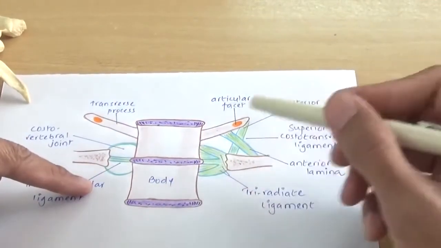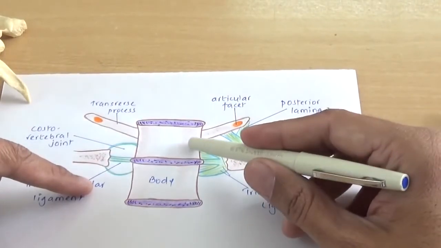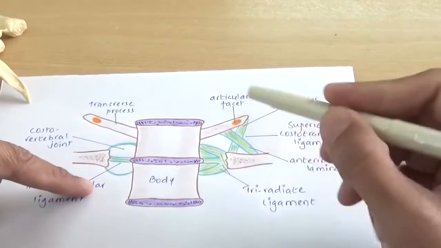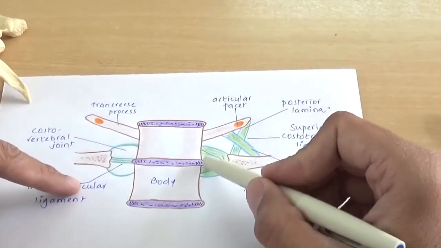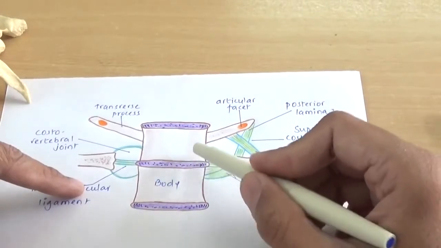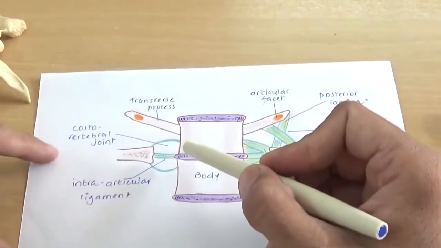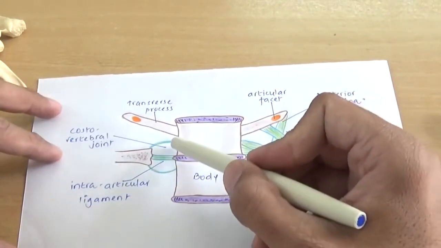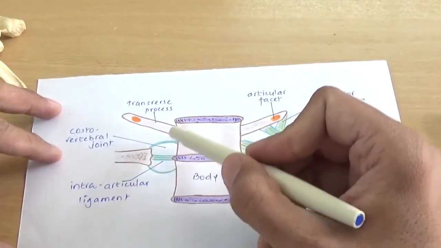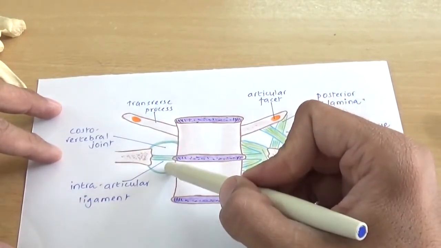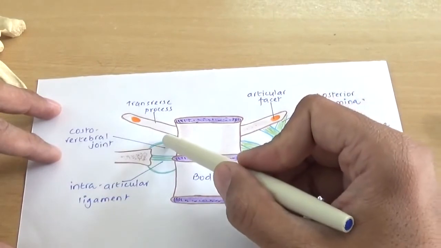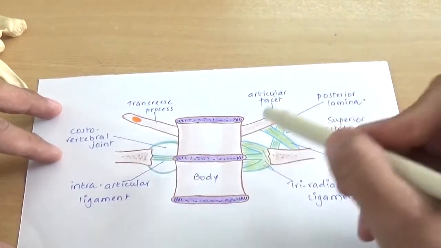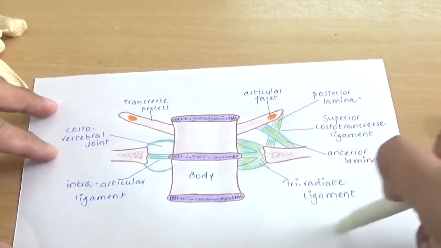The upper band is connected to the vertebra above, the lower band is connected from rib to the corresponding vertebra, and the middle band is connected to the intervertebral disc in between the vertebrae. This middle band is also termed the intra-articular ligament, and this will divide the joint cavity into two, superior and inferior. So there will be two joint cavities of this costovertebral joint, divided by the middle band of the triradiate ligament.